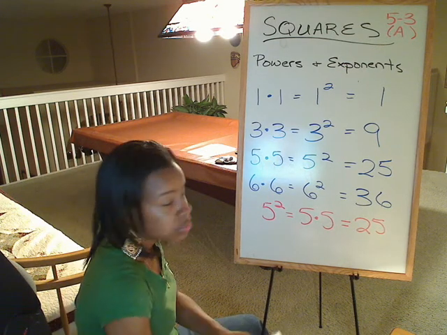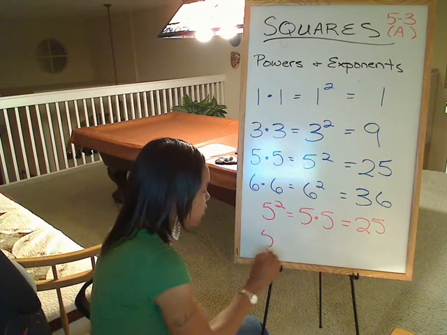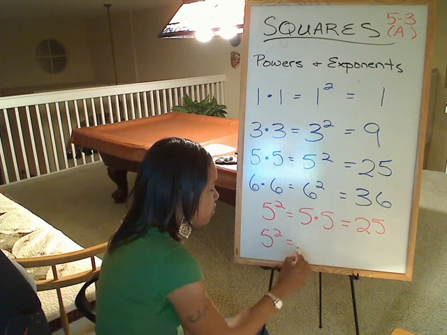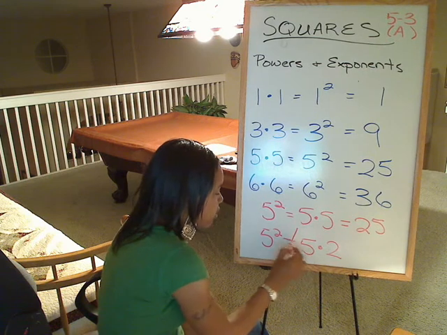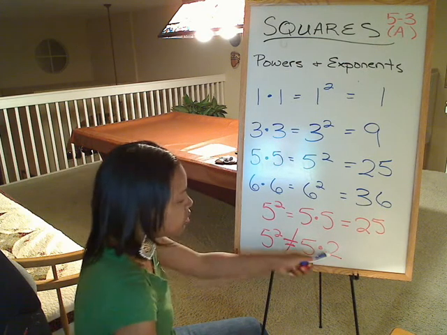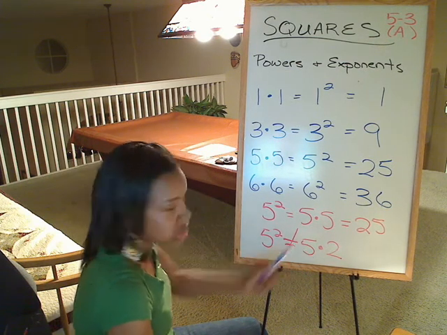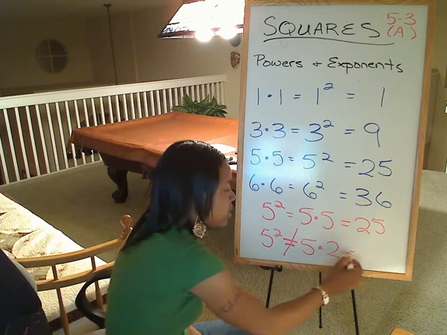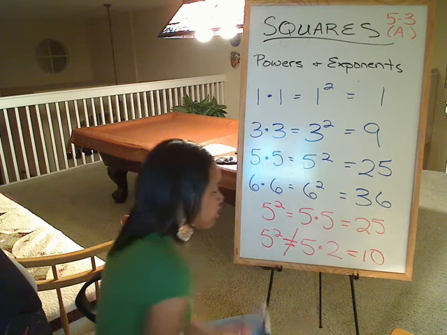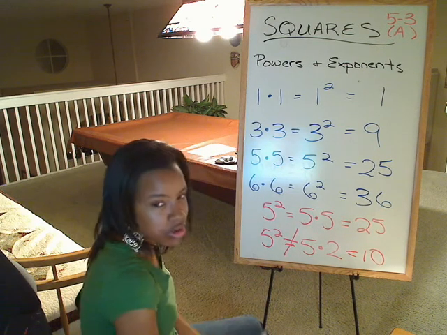That's correct. The most common mistake is when people see 5 squared, they do 5 times 2. This is incorrect. These two expressions do not equal each other. Okay? And then they put 10 as the answer to 5 squared. That is wrong.